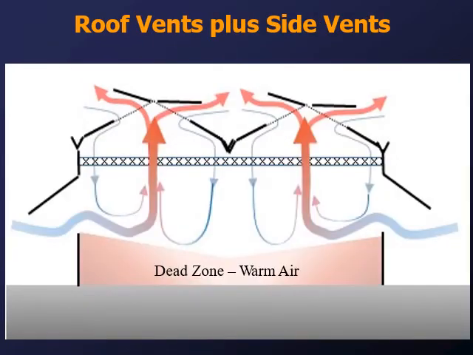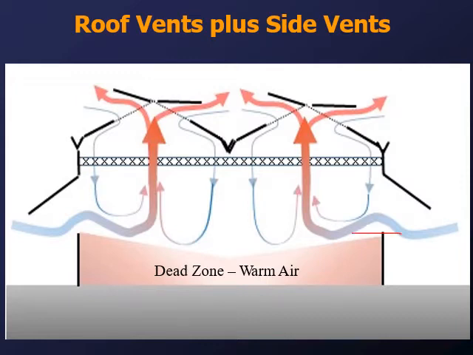If you have side vents, this is more efficient in terms of letting heat out. It's sort of like breaking a vacuum on the structure. It just lets air out really fast. But depending on the height of the side vents, you can actually create a dead zone.